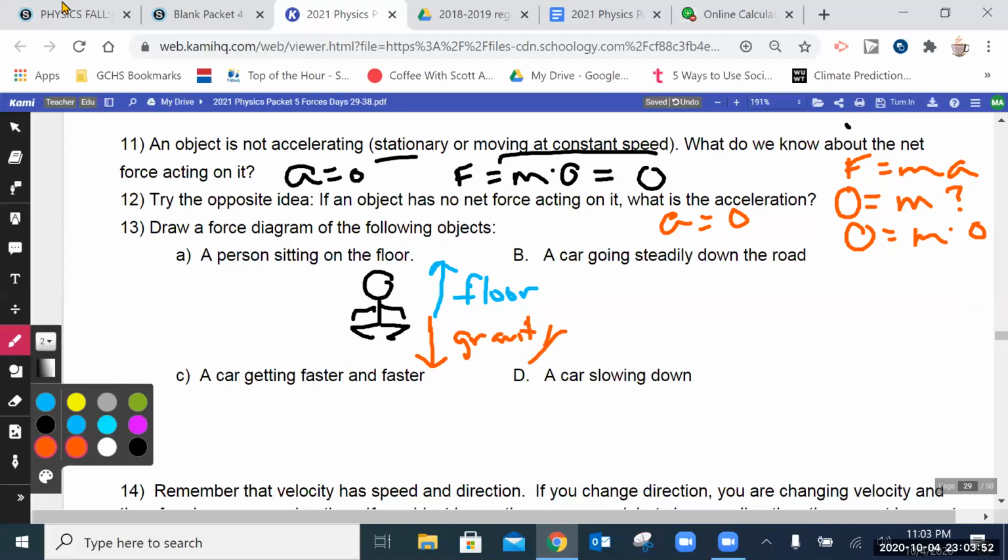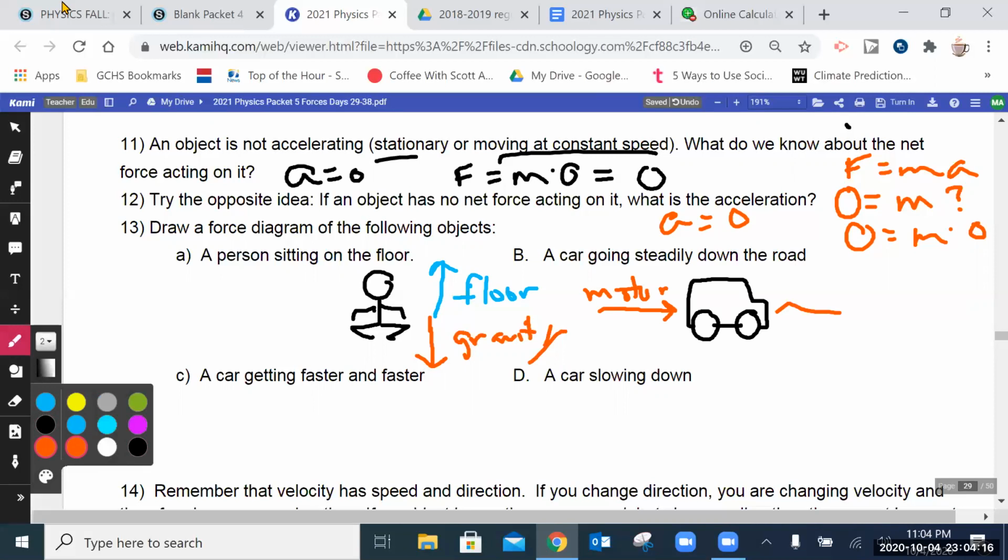Okay, letter B, a car going steadily down the road. So there's the car and it's moving to the right. We know there are lots of forces acting on this thing. There's the force of the motor going forward.